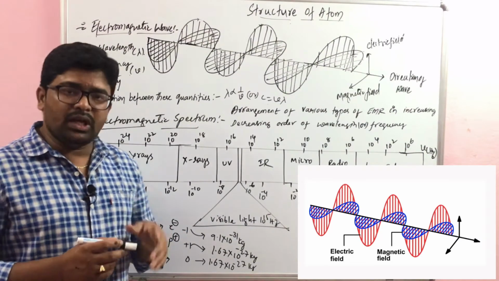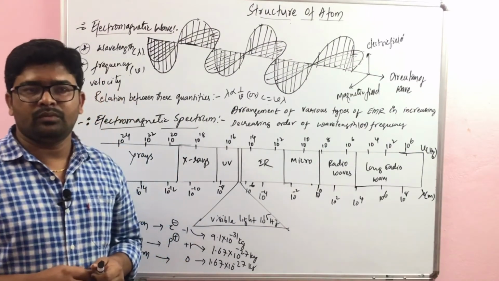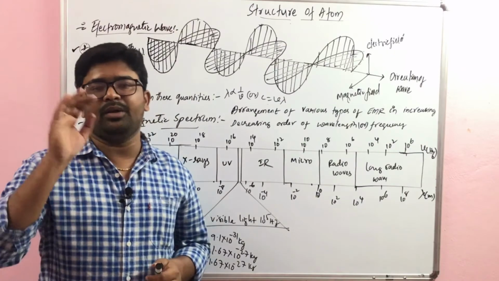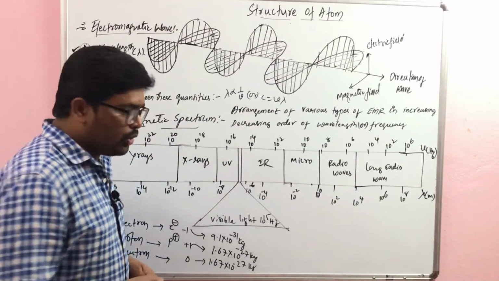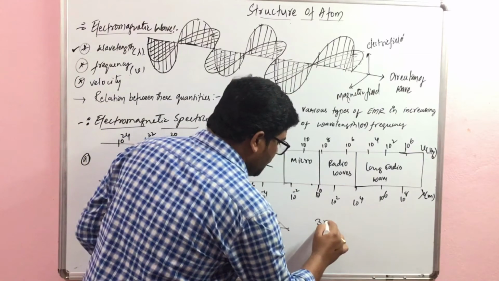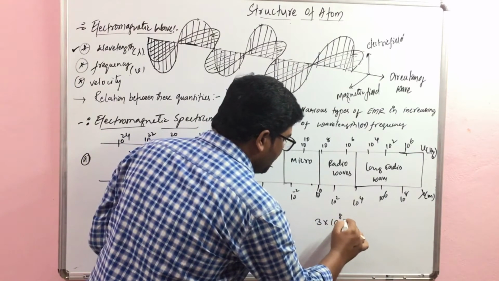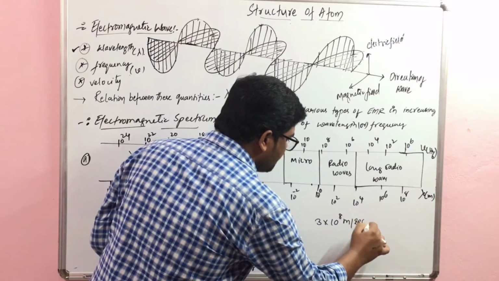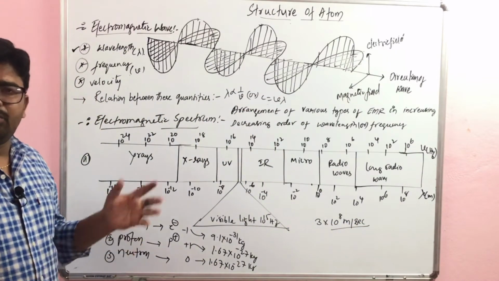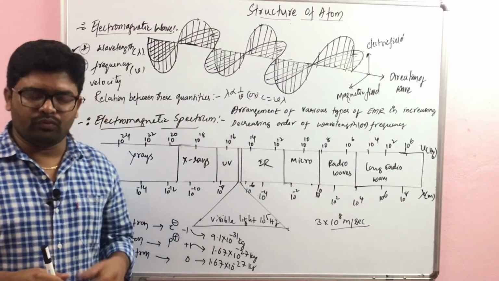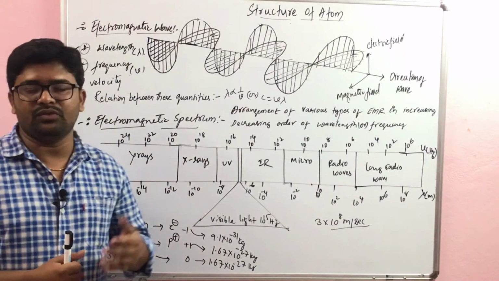These electromagnetic waves do not require any medium to travel. They can move in a vacuum with a speed of 3 into 10 to the power of 8 meters per second. There are many types of electromagnetic waves. One familiar example is visible light.